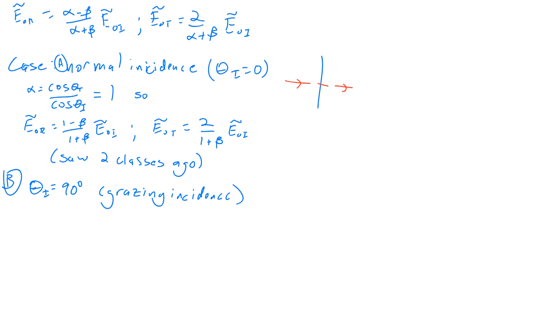So now what we're looking at is a situation where that's our interface, this is my normal. So 90 degrees from the normal, our wave is coming in and striking the material just like this. And I'm exaggerating. It's really totally skimming the surface. And that angle right there is 90 degrees.